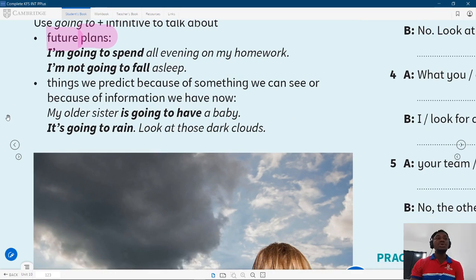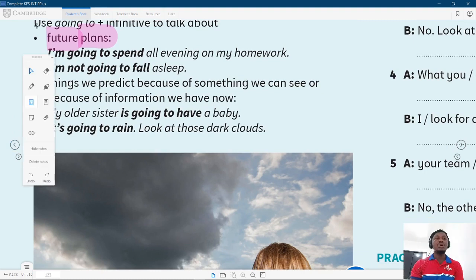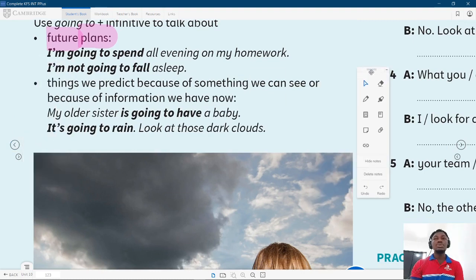Now we also use going to to talk about a very probable future. Remember will? We use will to talk about probable future when it's a probability.